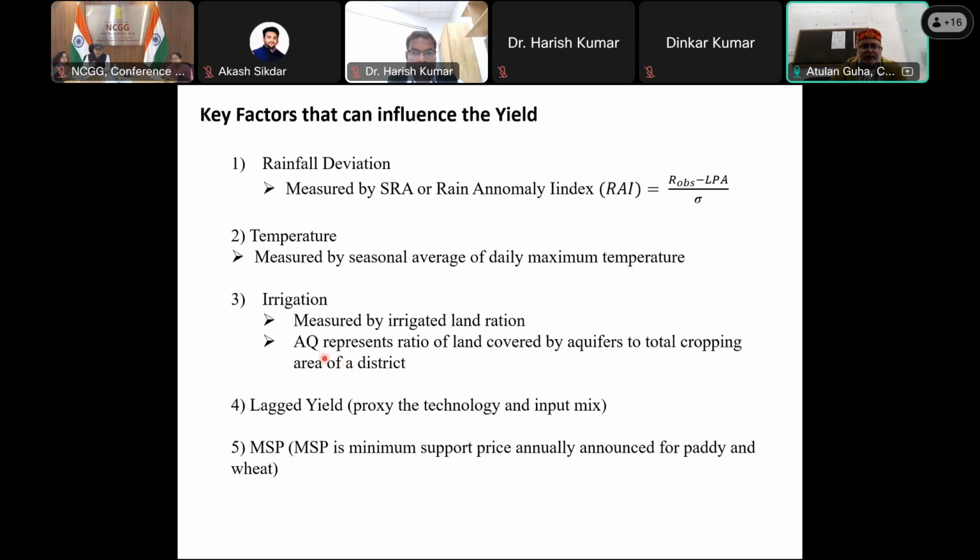Then AQ represents the ratio of land covered by the aquifers to total cropping area. We have also taken the lag yield, which proxies the trend, the path dependency of the yield, essentially linked with the technology followed and improved seed mix, because those do not change overnight. And we have also taken the MSP, because MSP indicates the assurity of return a farmer has in the production of paddy and wheat.